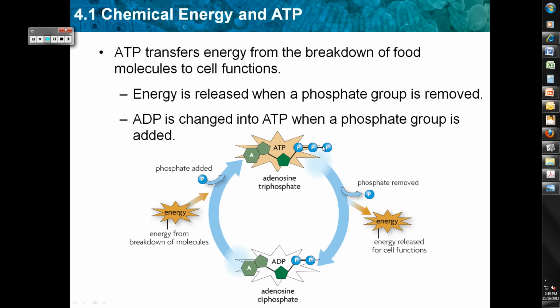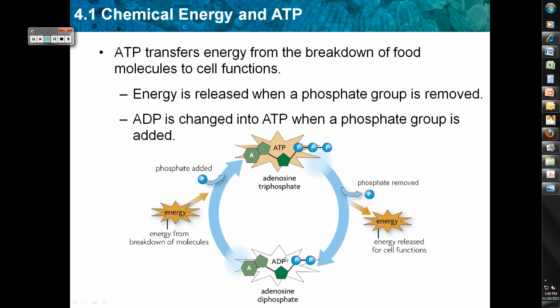Now it's got one less phosphate, so instead of being a triphosphate, it now becomes a diphosphate. And I hope you can recall that di in biology means 2. So this is adenosine diphosphate, or ADP. This is like a rechargeable battery that you have used all the charge up, or most of the charge up.